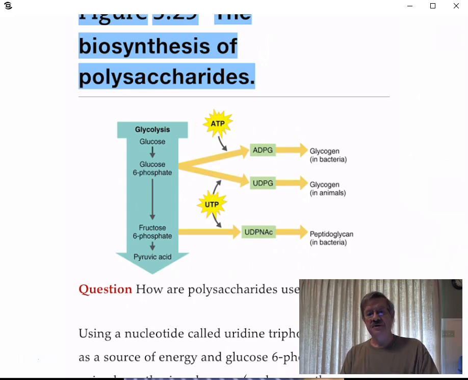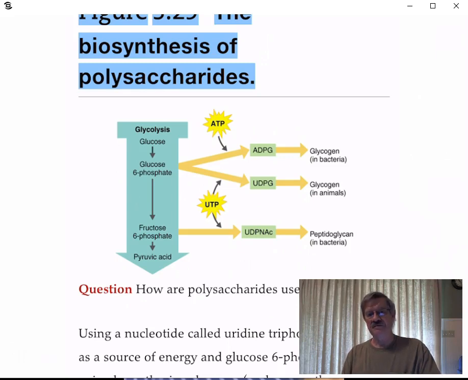Now, down there in the lower part of that diagram, you notice it says UTP. Okay, the A up there in ATP is the adenine. That is the same base that we have in DNA. So this ATP is a nucleotide.